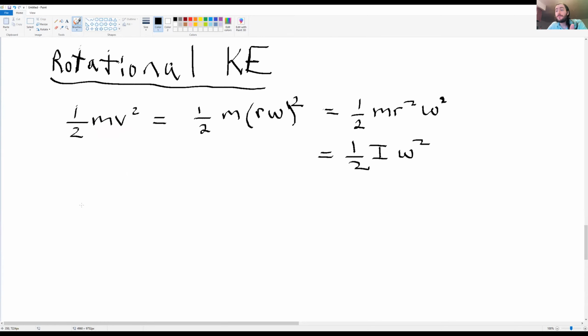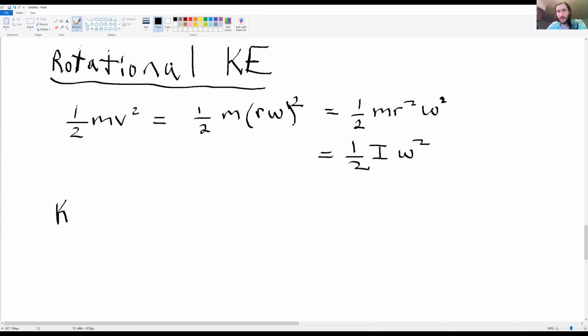If we have an object like a bicycle, which is moving, it has a translational motion, and it has wheels that are rotating, then that object has both translational kinetic energy and rotational kinetic energy.